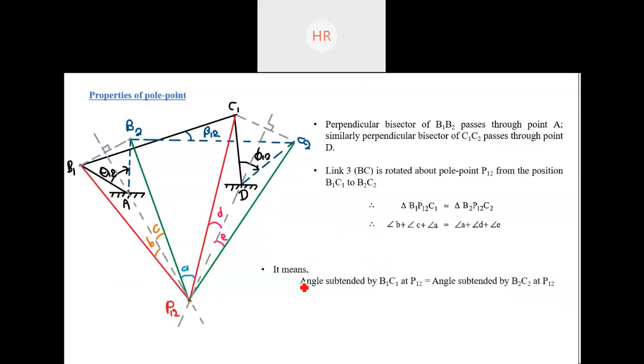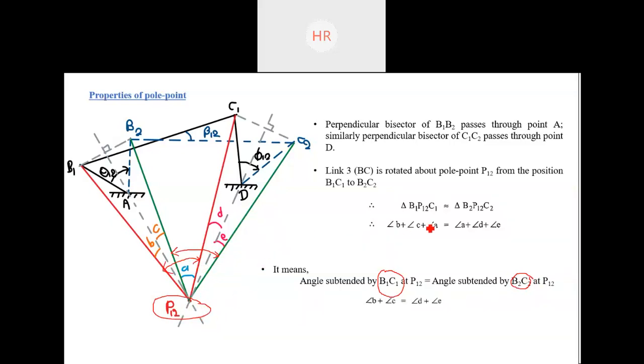Okay, so it means the angle subtended by link B1 C1 at P12 is equal to the angle subtended by B2 C2 at P12. यहाँ पे जो ग्रीन का एंगल, रेड ट्राइंगल का जो एंगल है, it is equal to the angle of this green triangle at P12.